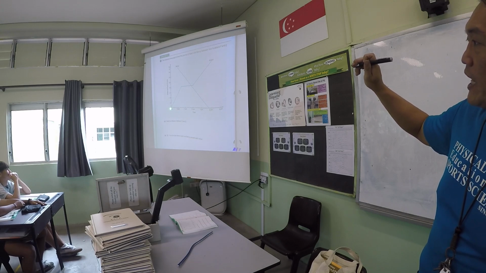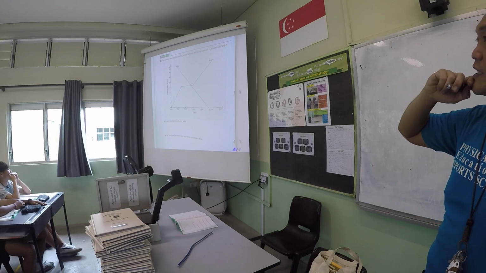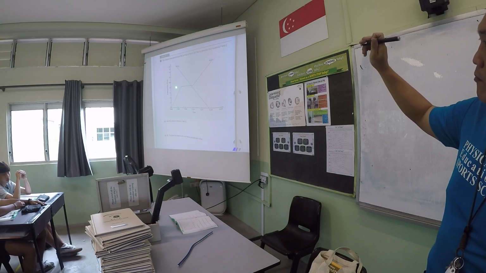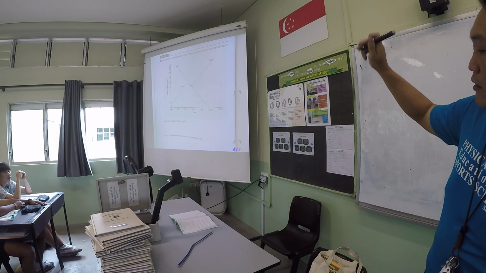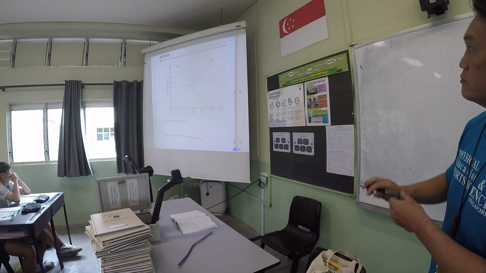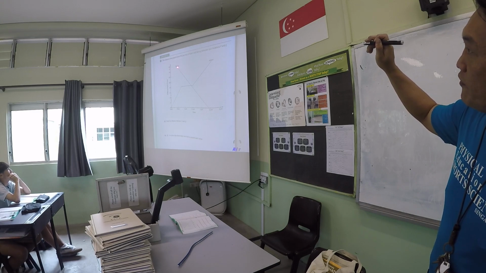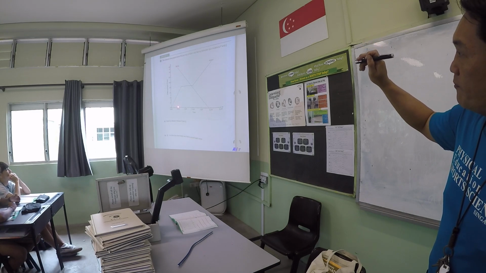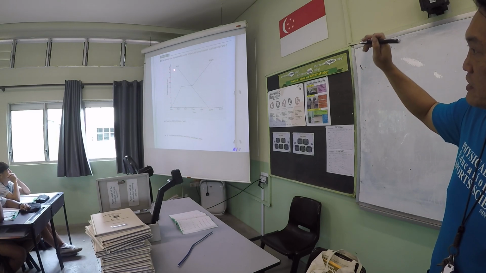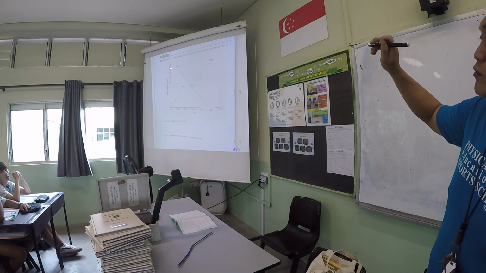So P is a location, Q is another location. You can see at 10 a.m., Benny is 15 kilometers from P. This distance, he is this distance away from P. Or he is at point Q.